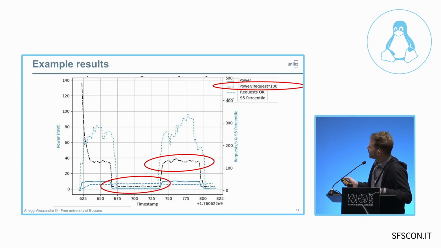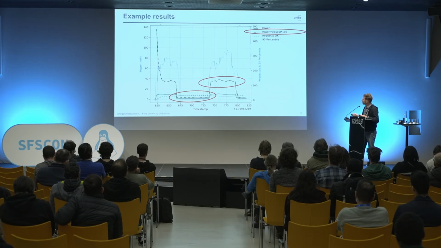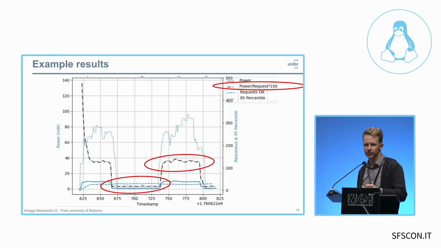The 95th percentile is basically how long the API takes to respond, and we can see the power consumption, this line that changes. We also calculated a metric, this black line, which shows how much power we use to answer one request of the API.